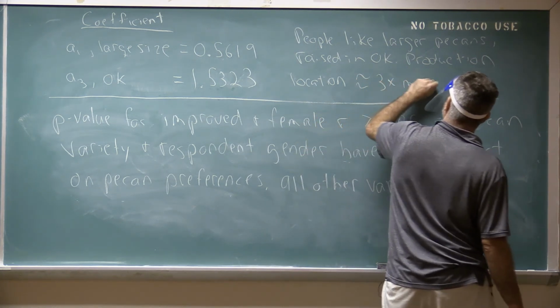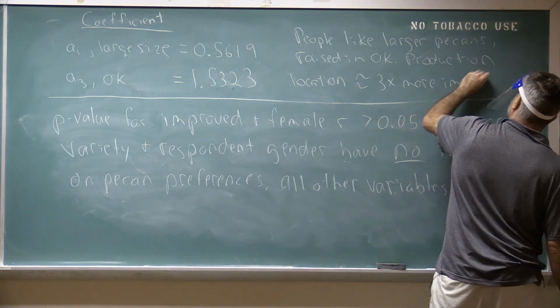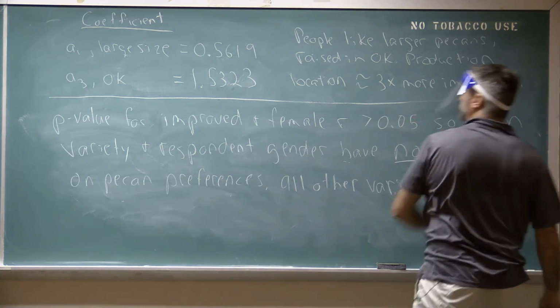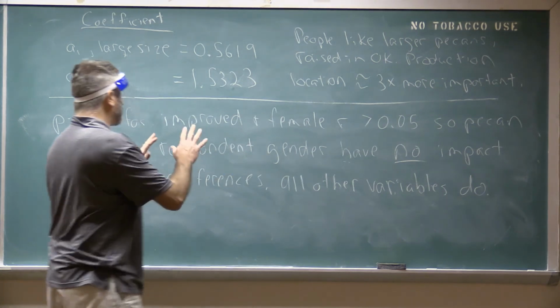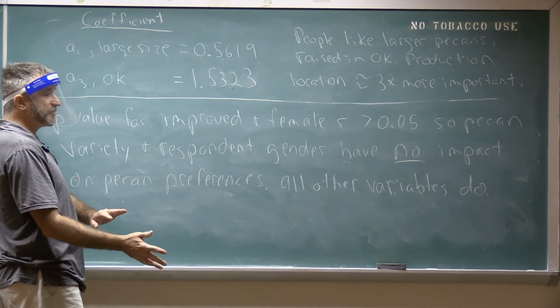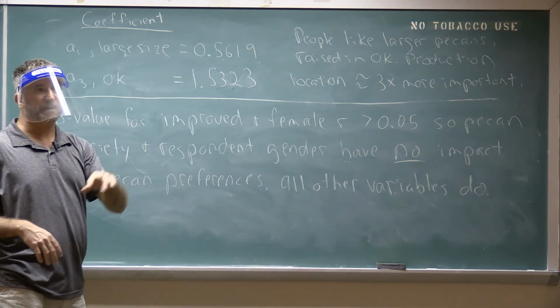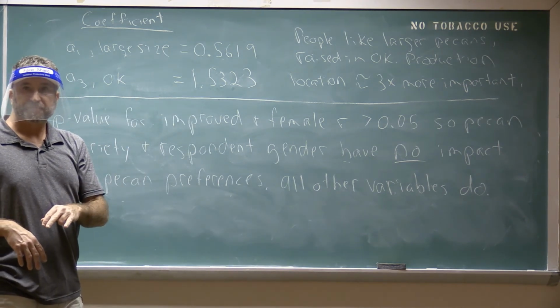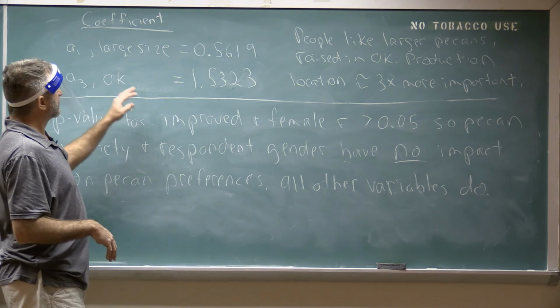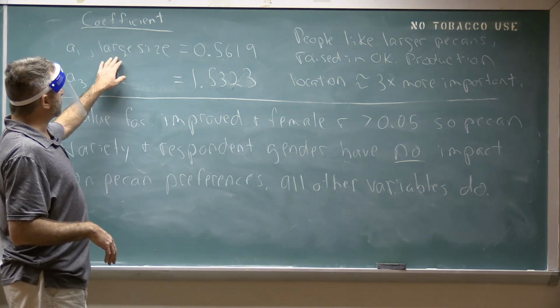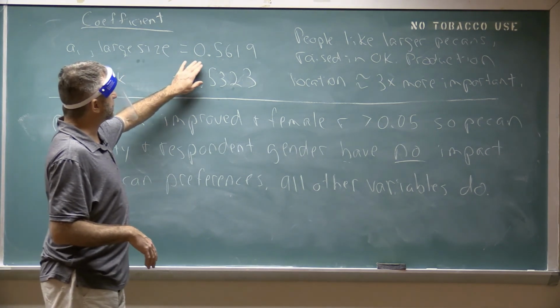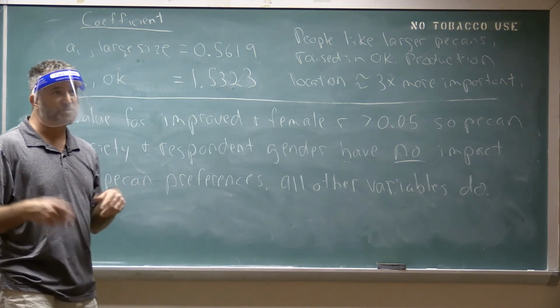is about 3 times more important. So when we went from being imported from Mexico to raised in Oklahoma, ratings went up by about 1.5. When it went from small to large size, they just went up by 0.5 or 0.6.